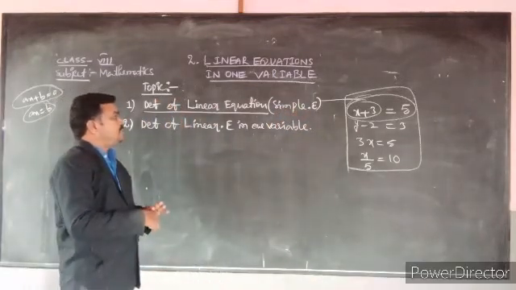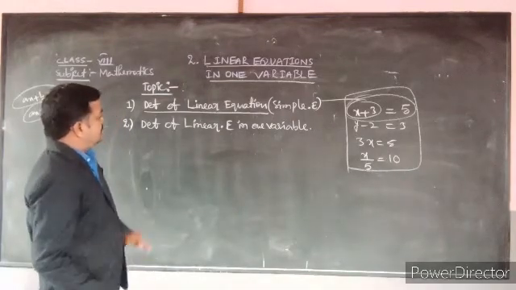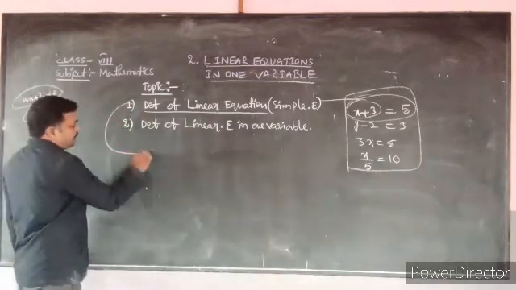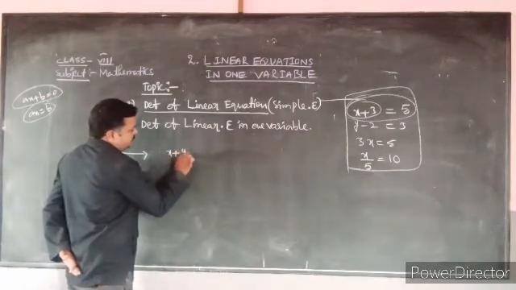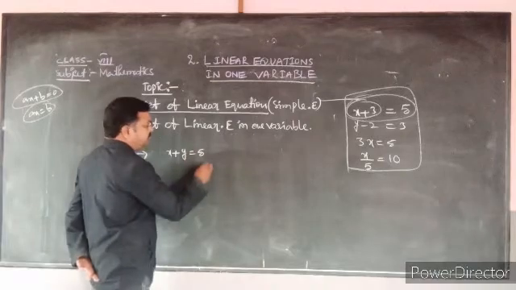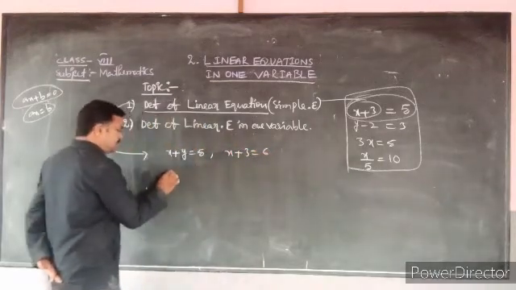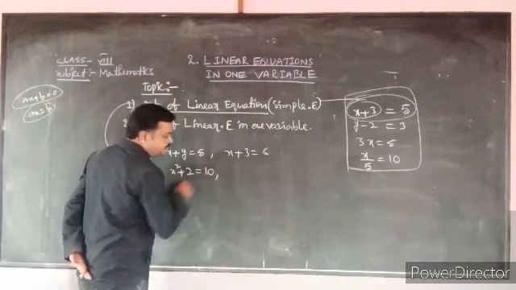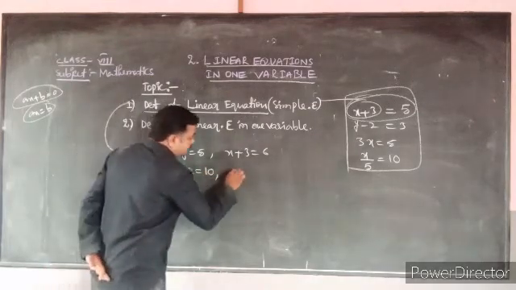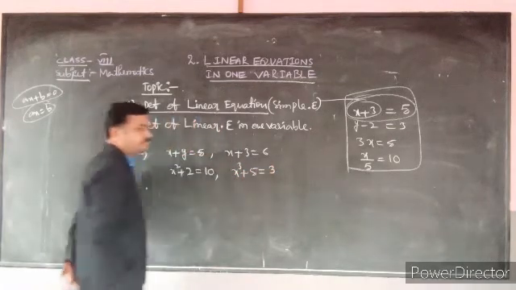So, what is the meaning of linear equation? Observe these examples. x plus y is equal to 5. x plus 3 is equal to 6. x square plus 2 is equal to 10. x cube plus 5 is equal to 3.